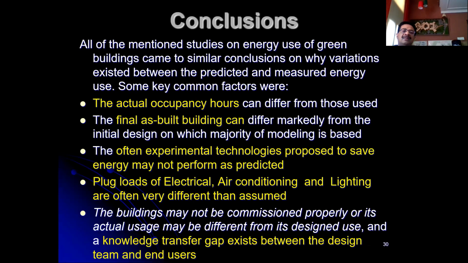There could be cultural diversity in the users who may not agree with the way architects and designers design. The plug loads of electrical, air conditioning, and lighting may often perform very differently than the assumed loads, and building may not be commissioned properly. Its actual usage may not be the same as the way it was designed for.